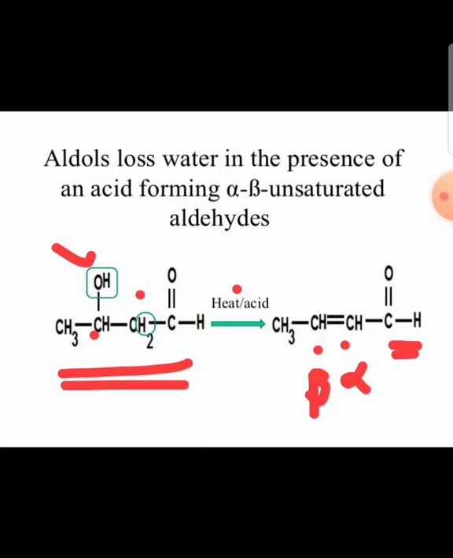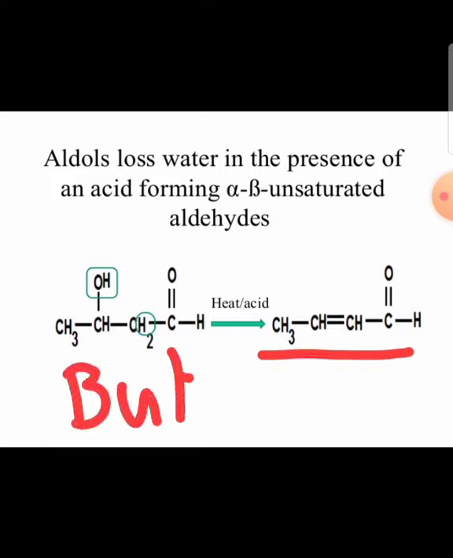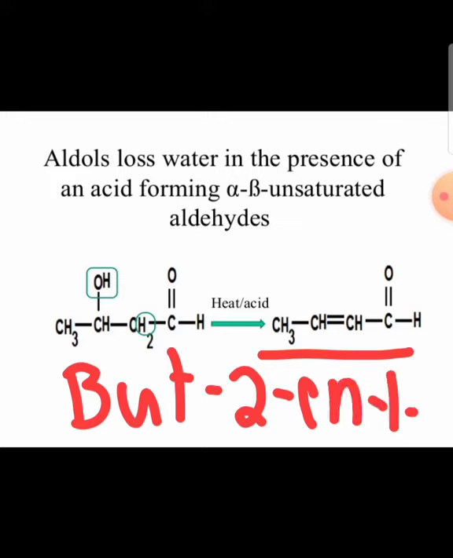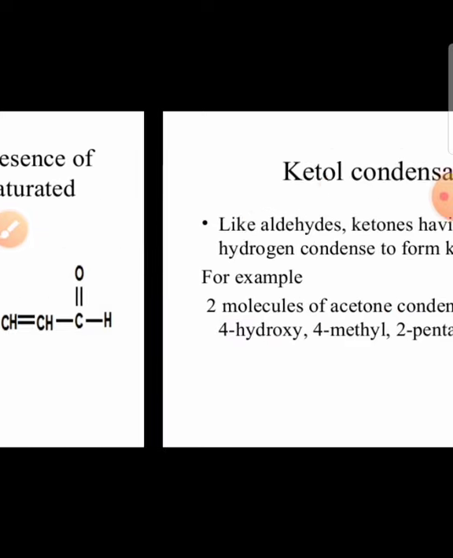Because of the release of water, there is a creation of a double bond between the alpha and beta carbon atoms to get the alpha beta unsaturated aldehyde, and the name of this aldehyde is but-2-en-1-al. So this is about the aldol condensation of alpha hydrogen containing aldehyde.